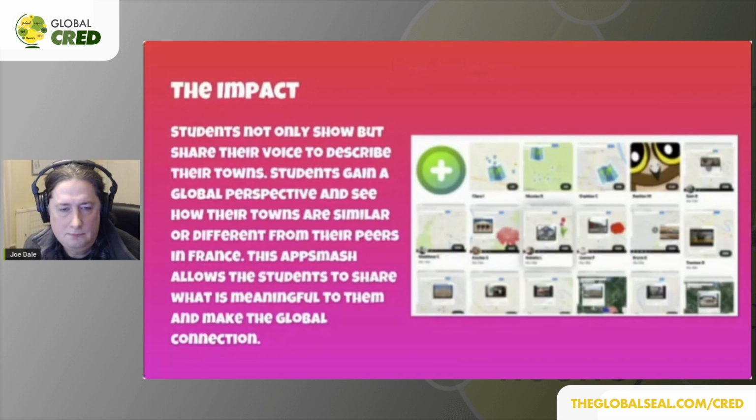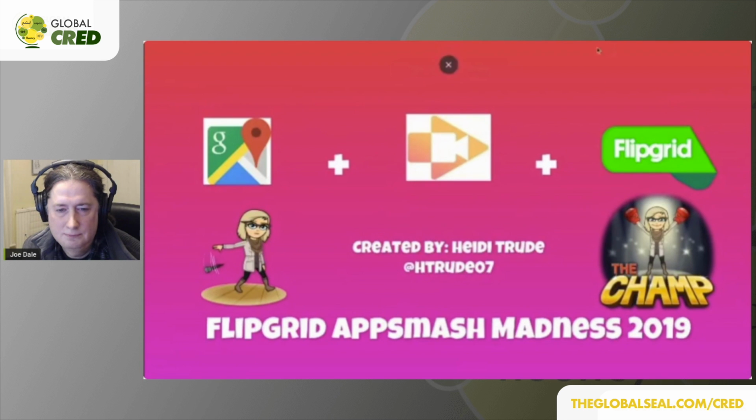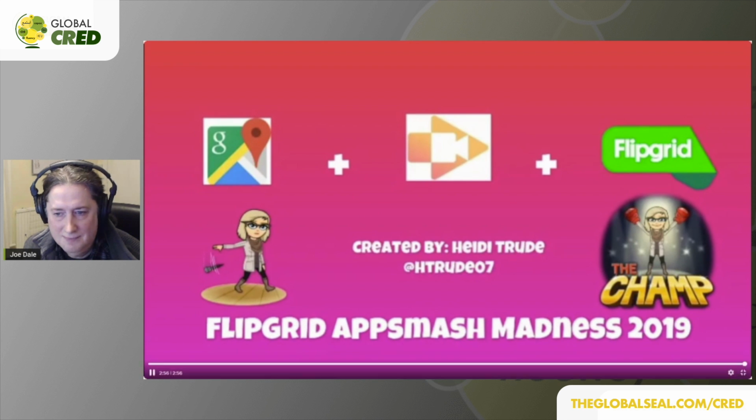We're taking it beyond what we do in the school. And I can easily see the smash of Google My Maps, Screencastify, and Flipgrid being used by teachers in all subject areas, whether you're doing a book review, whether you're looking at events in history. There's so many possibilities. So again, this is Heidi Trude with an amazing app smash of Flipgrid, Screencastify, and Google My Maps. Thank you.